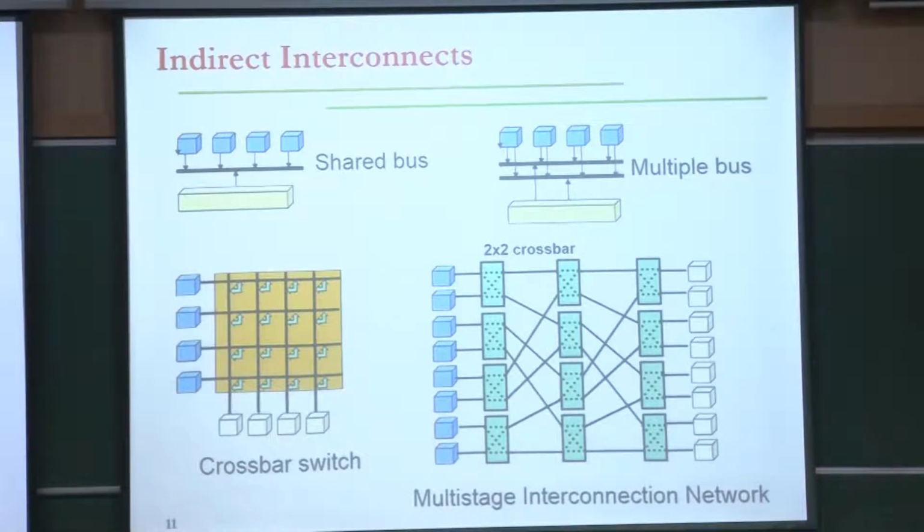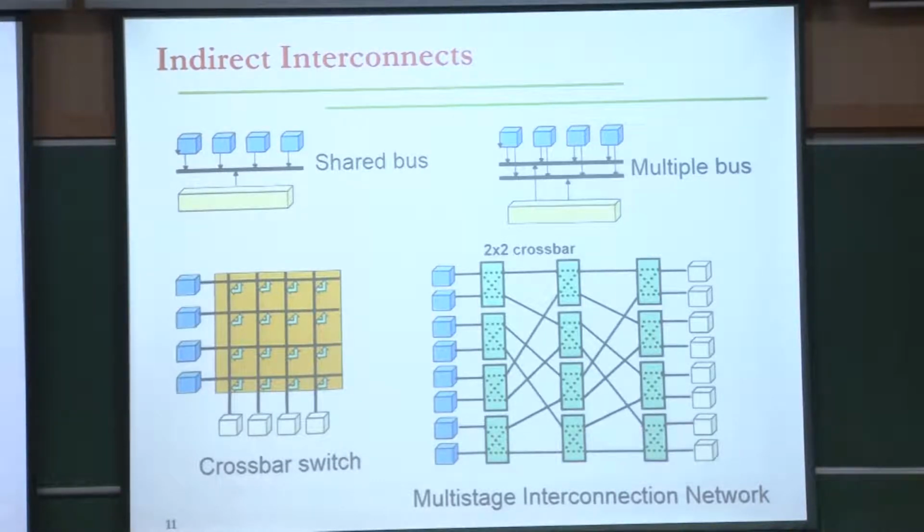If this particular core wants to access the memory module, you can see the path that is going there. It depends on the number of cores and memory modules, and some log of that.